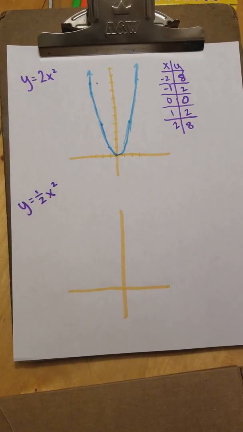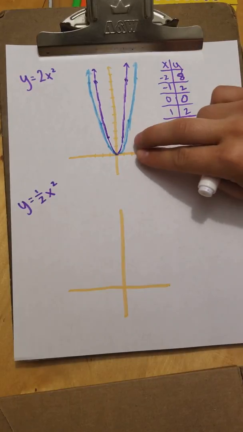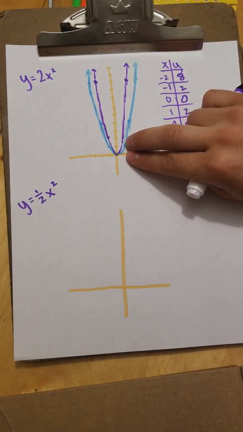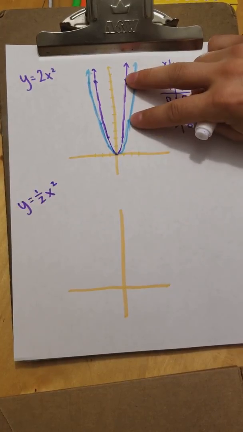-2, 8. -1, 2. 0, 0. 1, 2. And 2, 8. Okay. So the point at 1 doubled to 2. The point at 2, which is 4, doubled to 8.